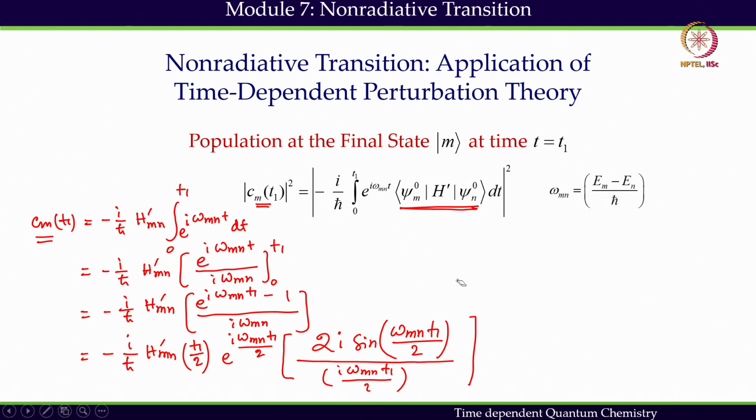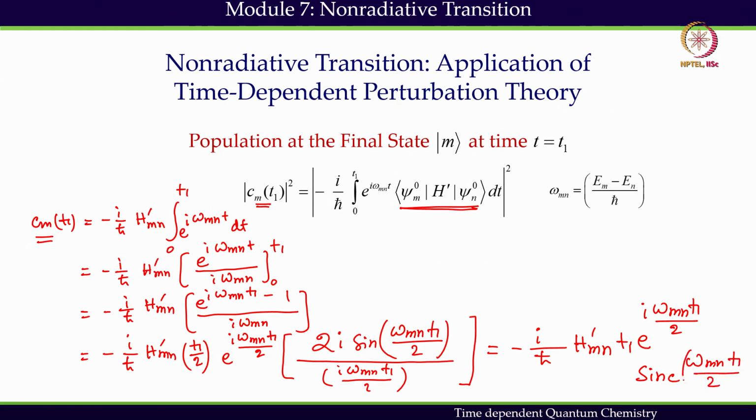So, as a result, finally we can simplify it further, and we can write this as minus i by h cut, h mn dash t1, e to the power i omega mn t1 divided by 2, multiplied by the cardinal sine function of omega mn t1 by 2.